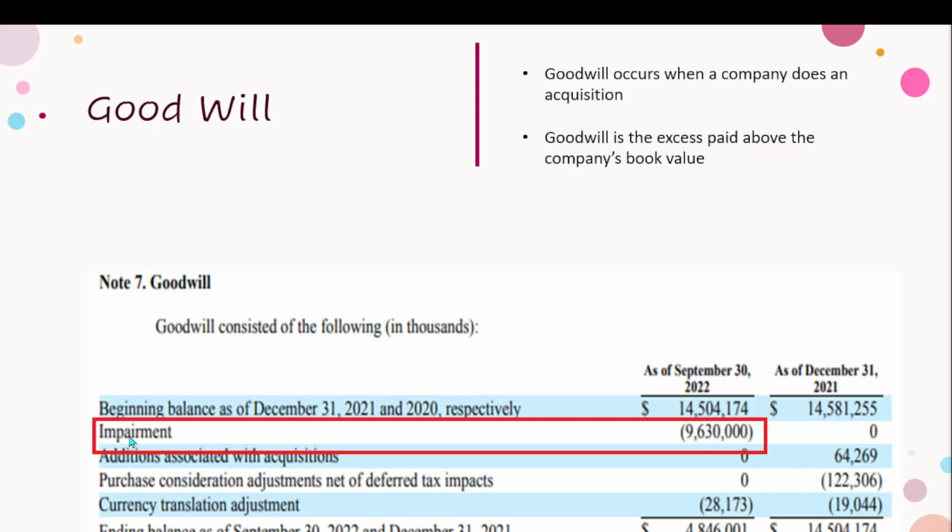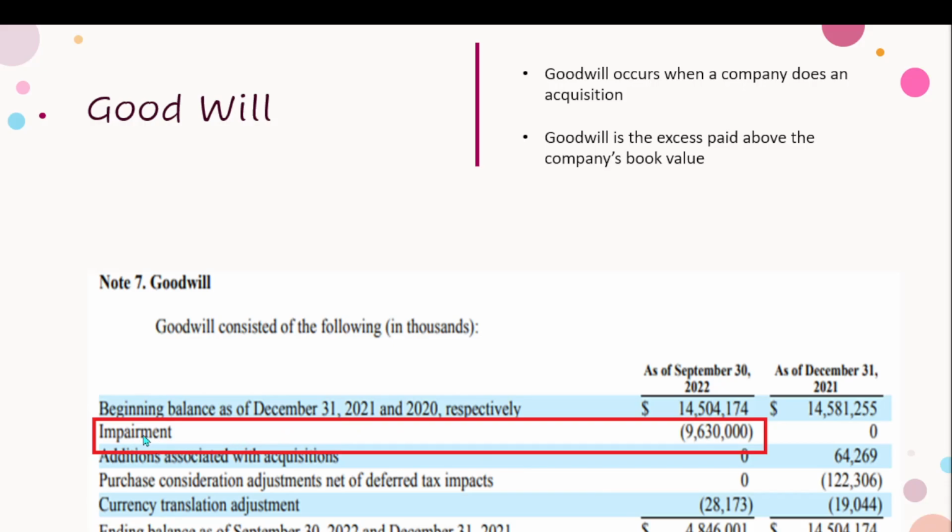They have this impairment, and this is reducing the amount by 9.63 billion. And essentially the ending balance is 4.84 billion. So we can see that this amount decreased substantially. This is a huge, huge, huge drop in the value of the goodwill.